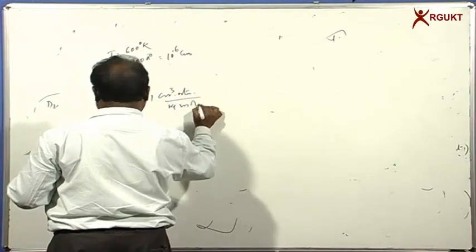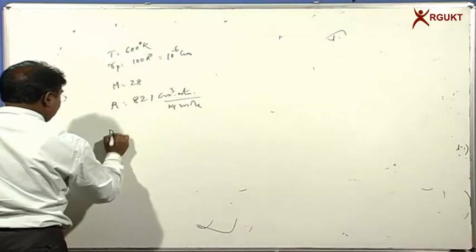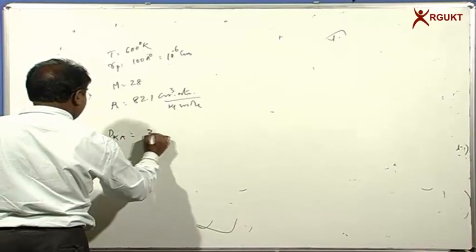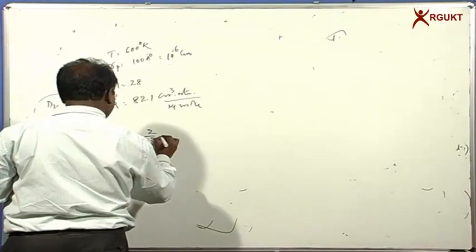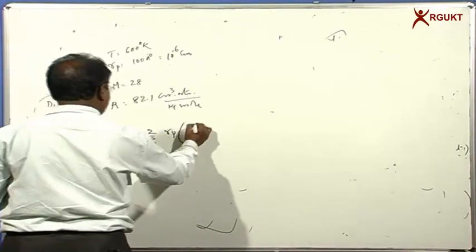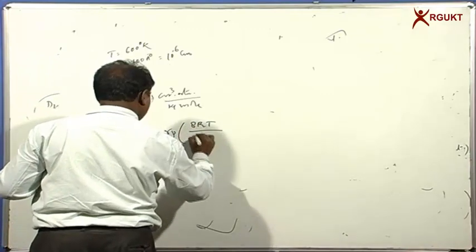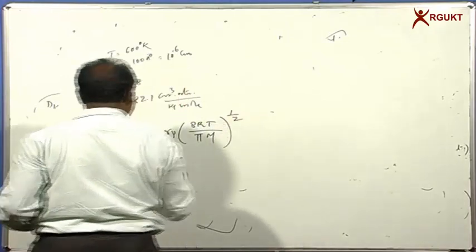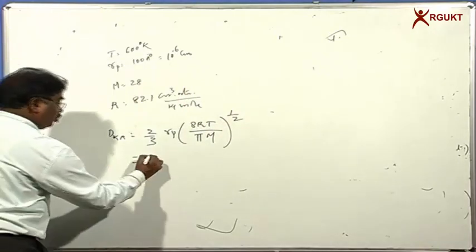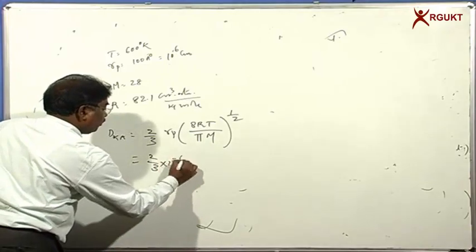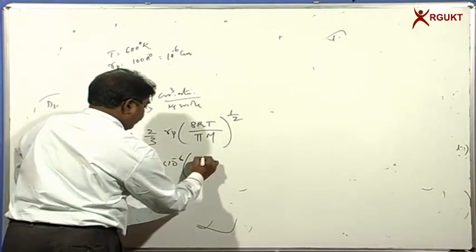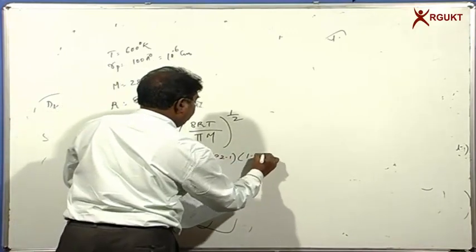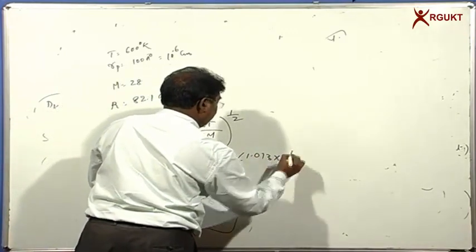This is the value of R, and you know your Knudsen diffusion coefficient D_KA is equal to 2/3 into R_p into (8RT by pi M) to the power of half, that is equal to 2/3 into 10 power minus 6, 8 into 82.1 into 1.013 into 10 power 6.